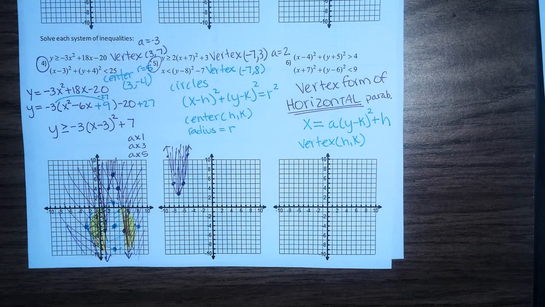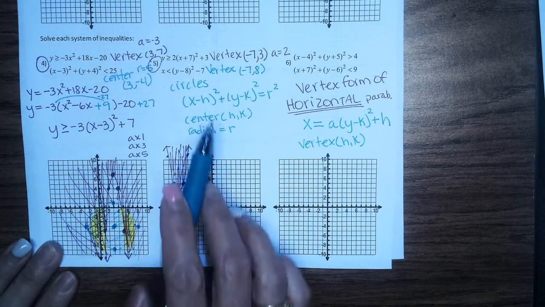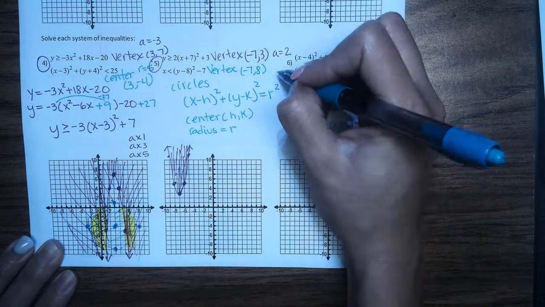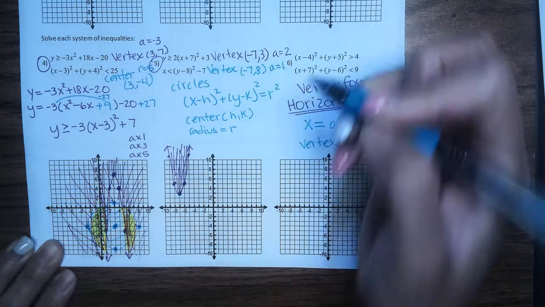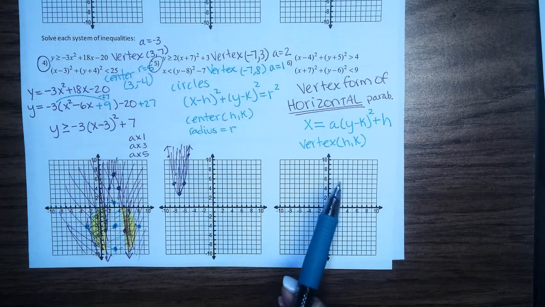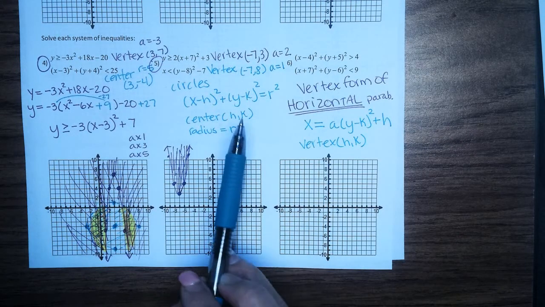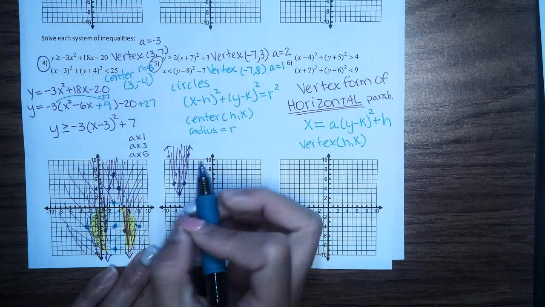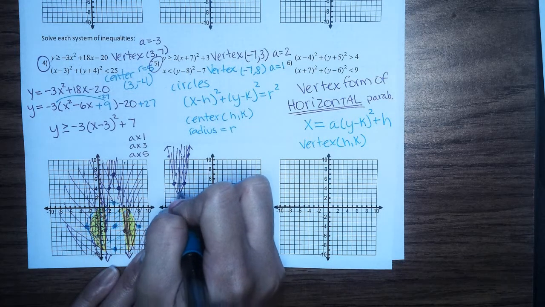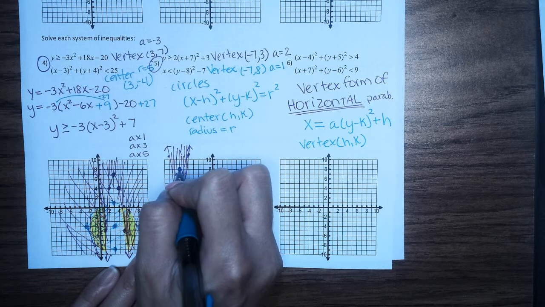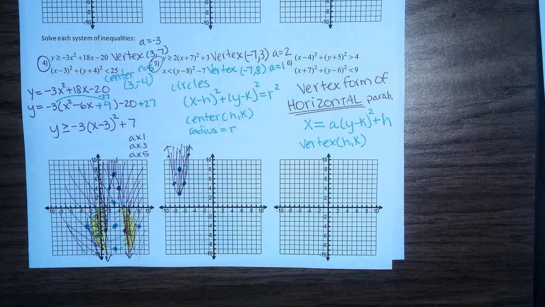So graph that parabola, and then the a value here is just 1, but I'll show you how that works. So let's do that. Vertex negative 7 comma 8.